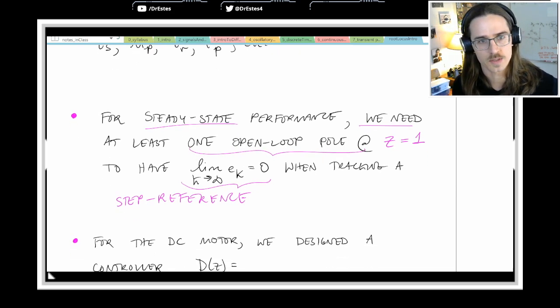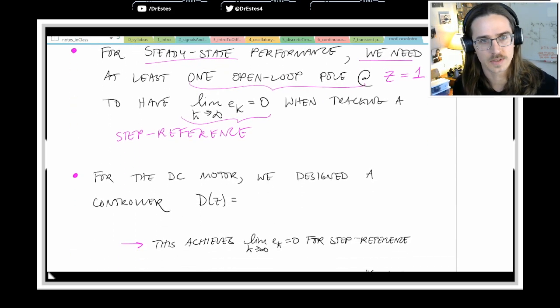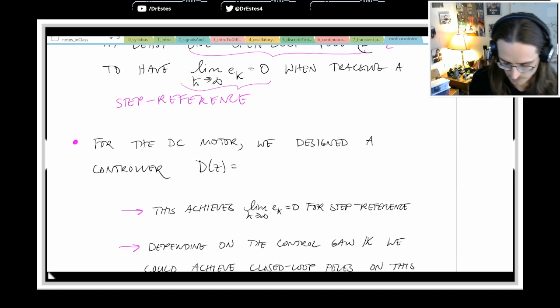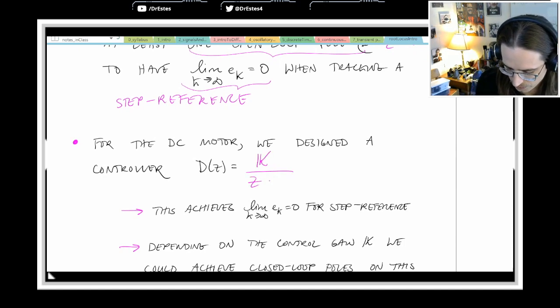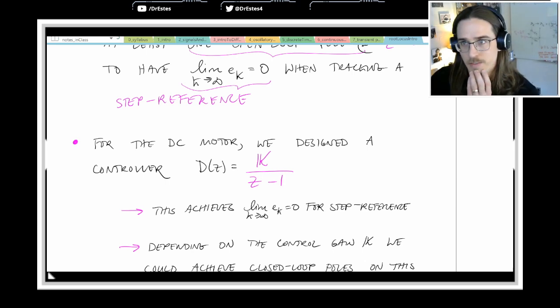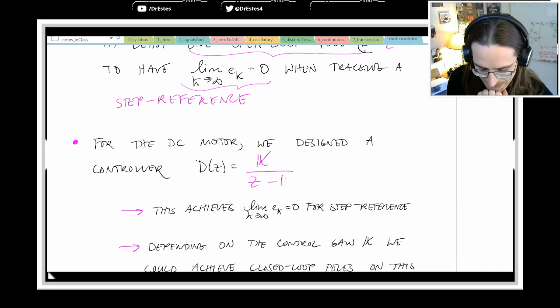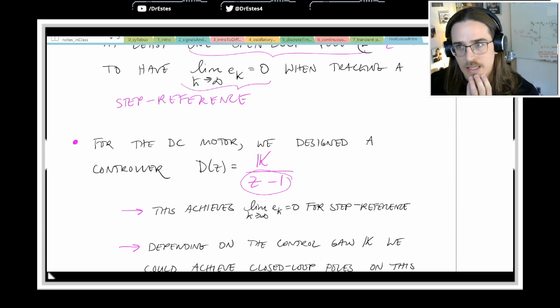Okay, so this we're all familiar with. Now for the DC motor, this is the most recent controller we developed. There's a control gain divided by z minus 1. So we added this pole at z equals 1 to give us that steady state performance that we wanted.